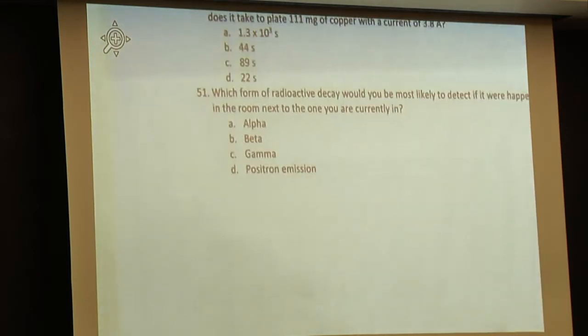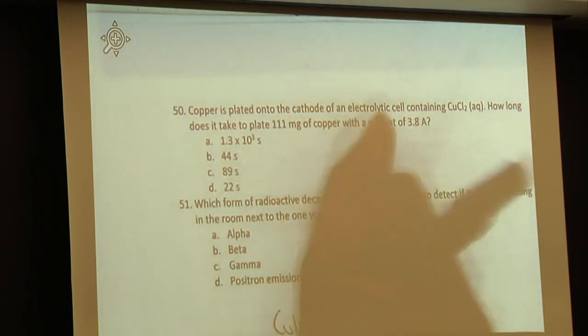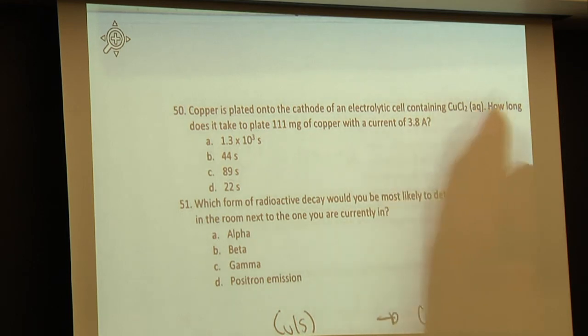Number 50 and 51. Copper is plated onto the cathode of an electrolytic cell containing CuCl2, and then how long does it take? All right, so you have Cu solid leading to CuCl2, right?